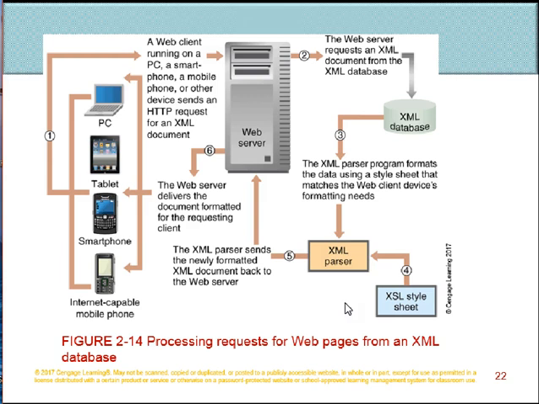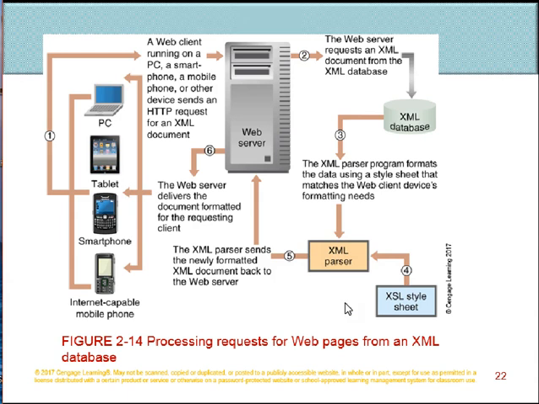So here's how processing is conducted for web pages from an XML database. The web client will send a request to a web server for an XML page. The web server will go to an XML database and retrieve that information.